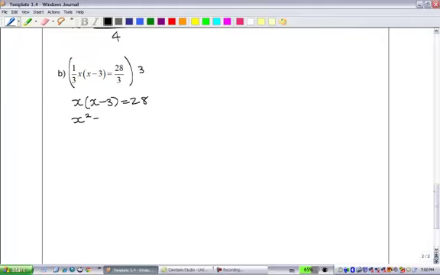Expanding that, x squared minus 3x equals 28, and x squared minus 3x minus 28 equals 0. So we got it to the point where we have a equaling 1, b equaling negative 3, and c equaling negative 28. Why don't you go ahead and hit pause here and see if you can do that one on your own.